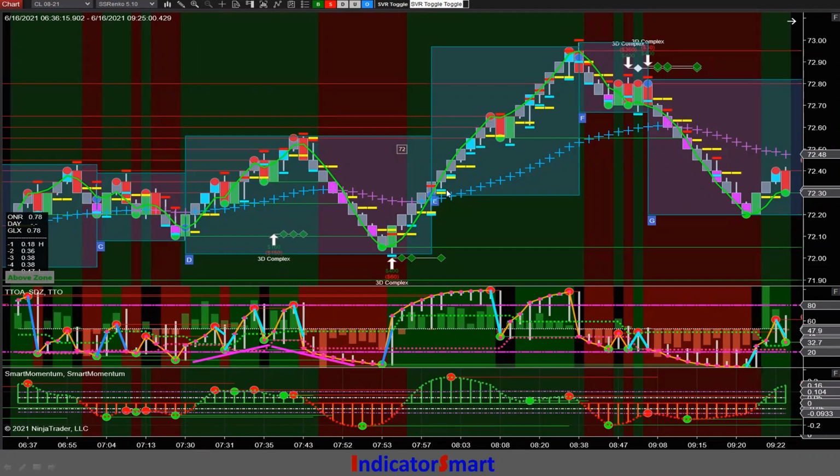Would I necessarily have taken any of these trades? Not necessarily. We're just taking this indication for the order flow in the 3-dot complex, and we're marking them out on the charts so that we get an individual statistic for anything that falls into the category of a 3D complex.